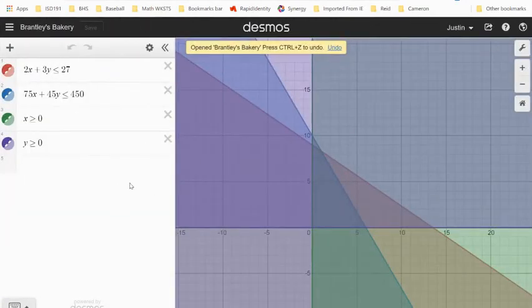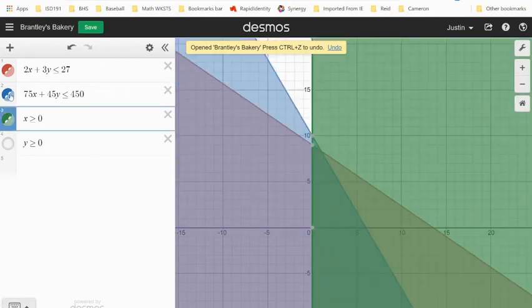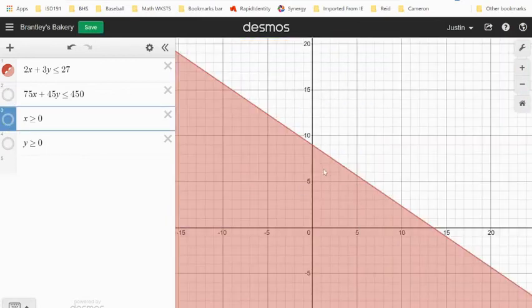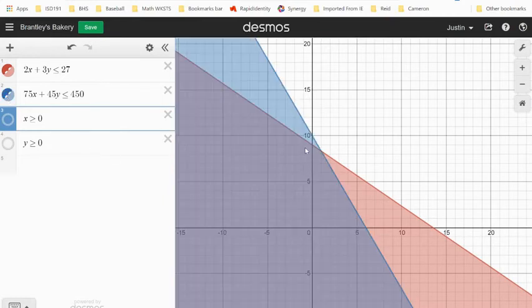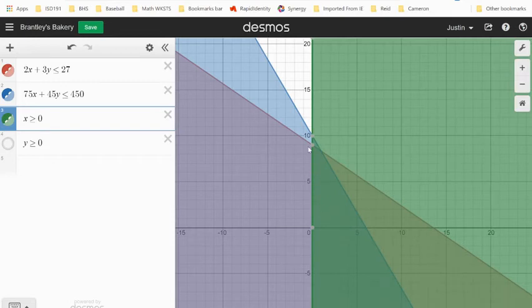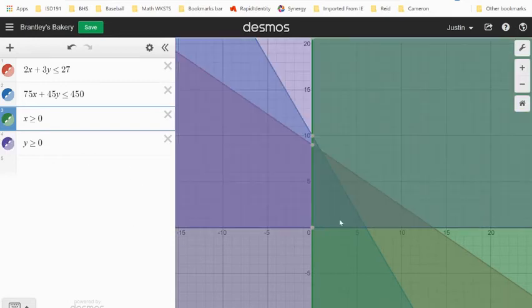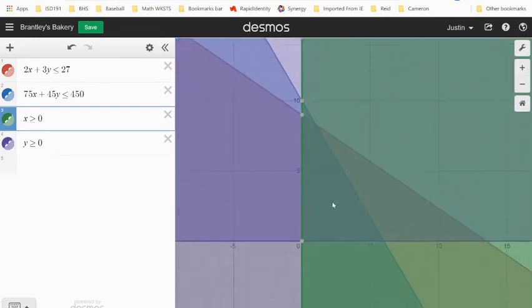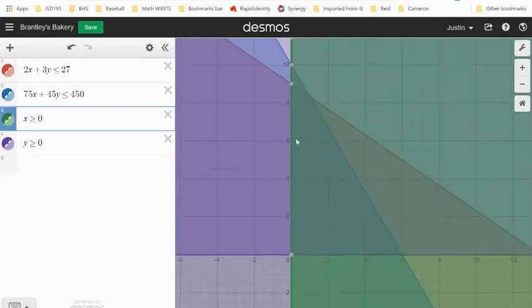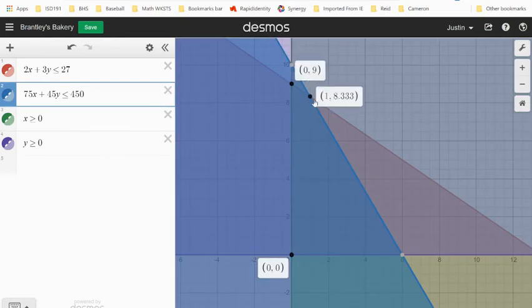All right, to try to save a little time, I have this pre-typed in here. And we're looking for where these 4 sections or areas overlap, finding that feasible region. Going one at a time, I can keep track of what area is the feasible region. If I zoom in on this, I can see that it's going to be in between here.